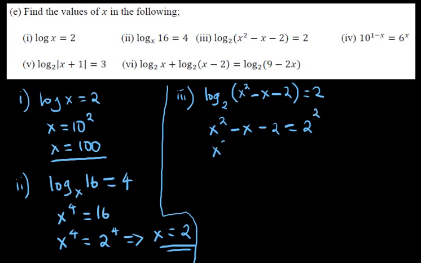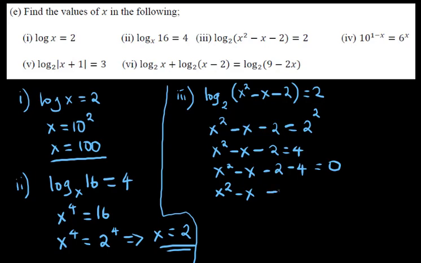This then becomes x squared minus x minus 2 is equal to 4. Then x squared minus x minus 2 minus 4 is equal to 0, so x squared minus x minus 6 is equal to 0. This is a quadratic equation.